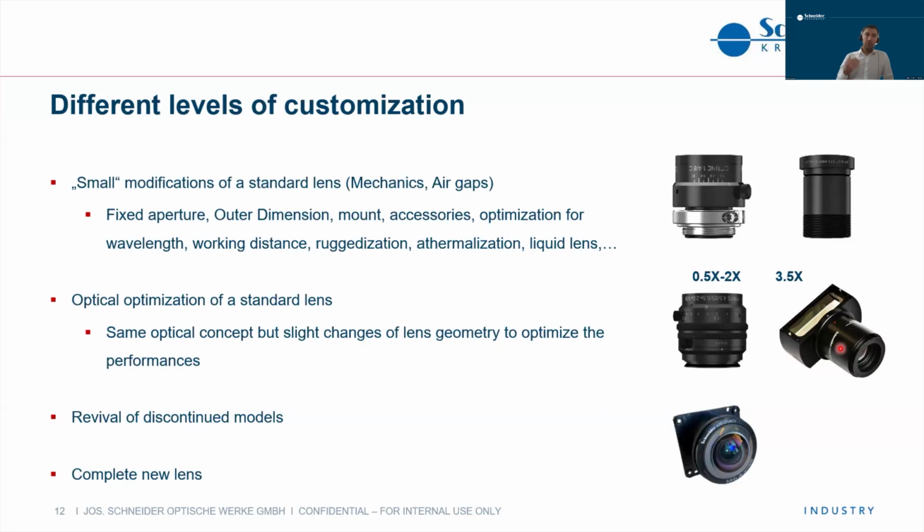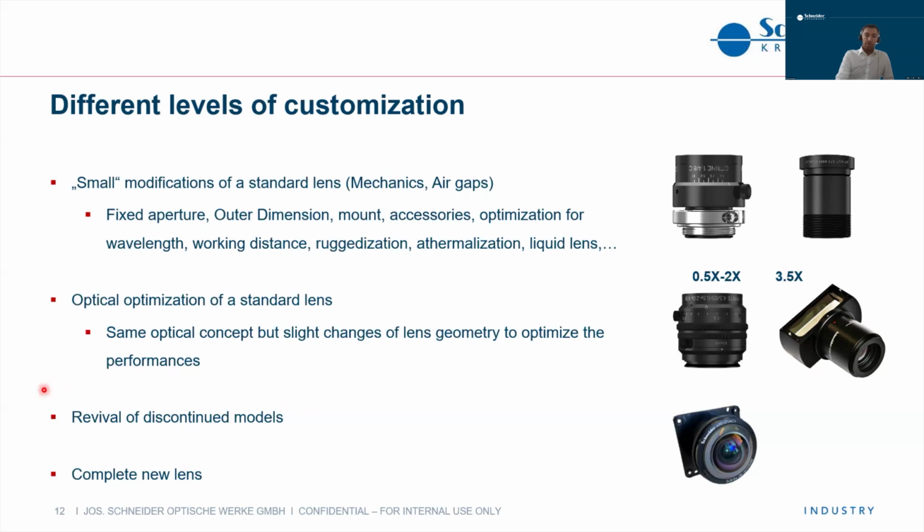One type of customization that we usually don't think too much about is that a company has a history, and especially Schneider-Kreuznach, we've been here more than 100 years, and we have made more than 6,000 designs, and you can imagine that a lot of lenses were discontinued and the production stopped.